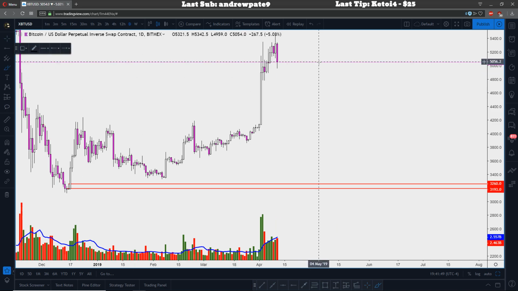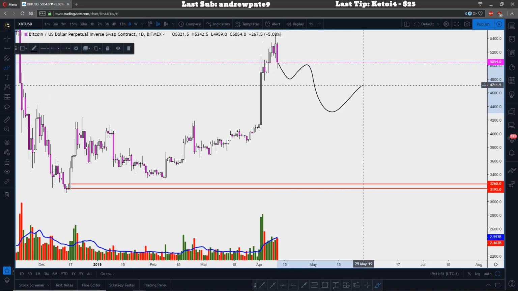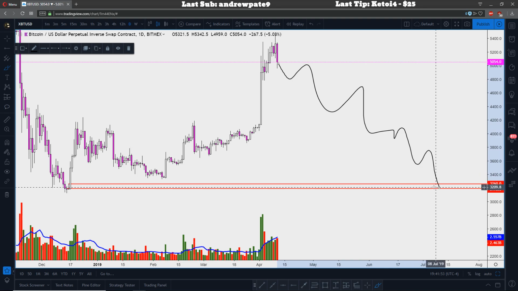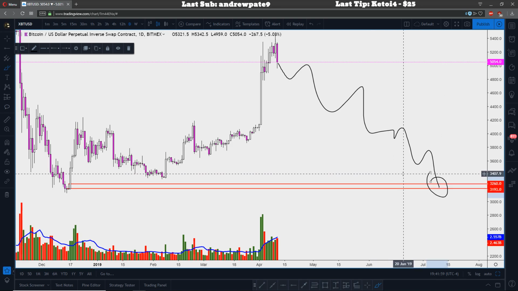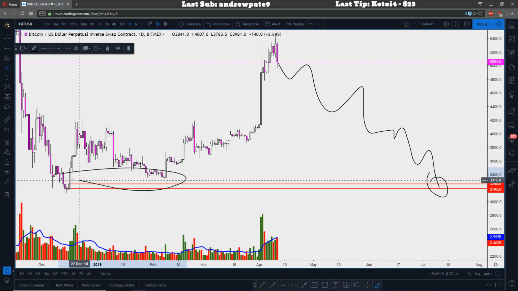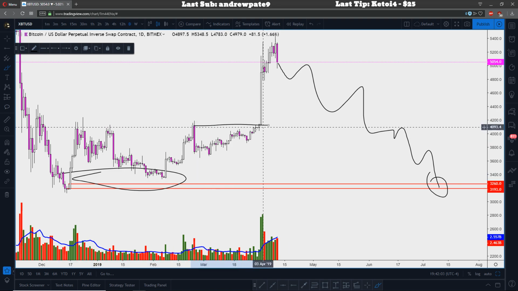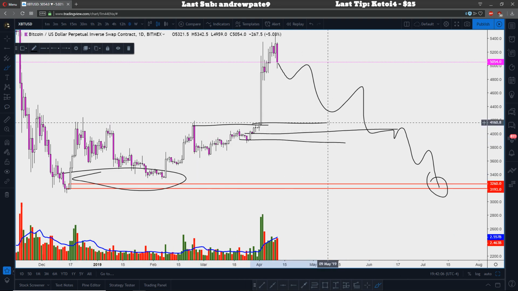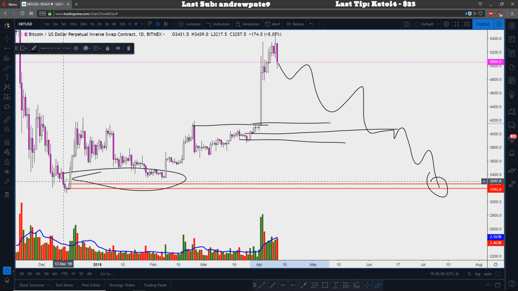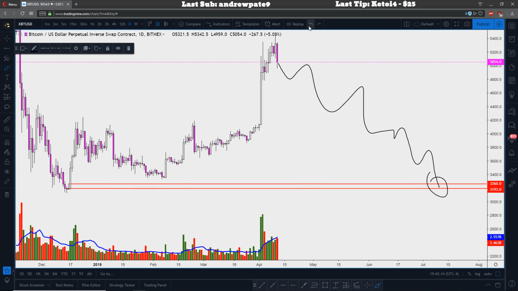I'm just saying for hypothetical sense, if we started to do something like this, this would be the first place that I would look for a significant bounce on this low. Obviously, you're going to bounce off these levels too. But if we're going to test the 2018 lows, that is where I would look to be taking longs.